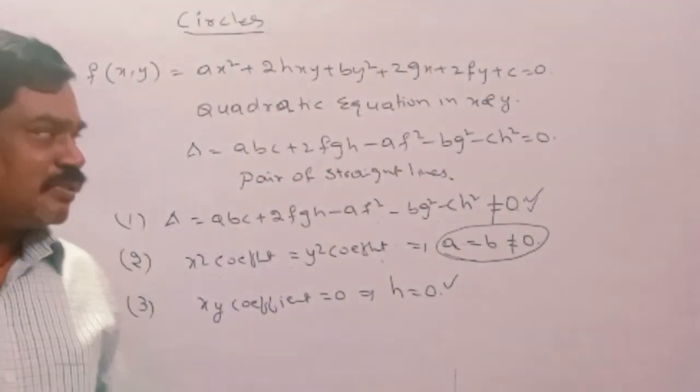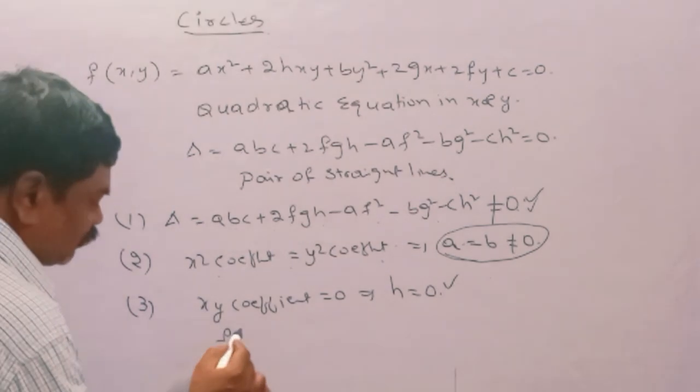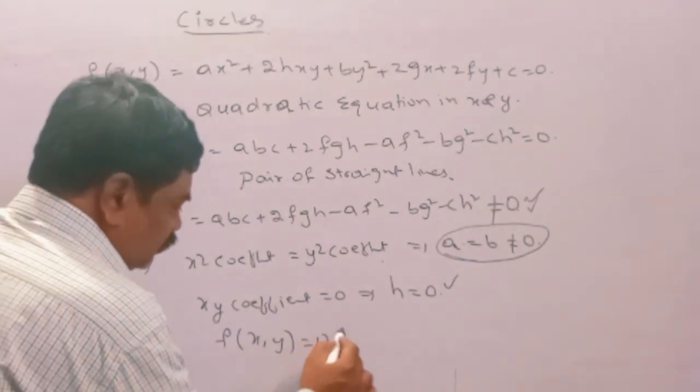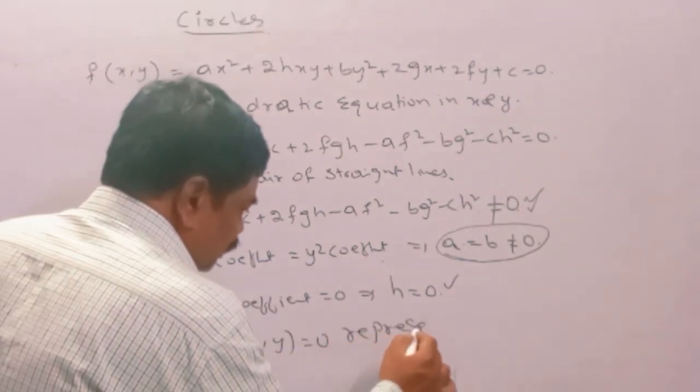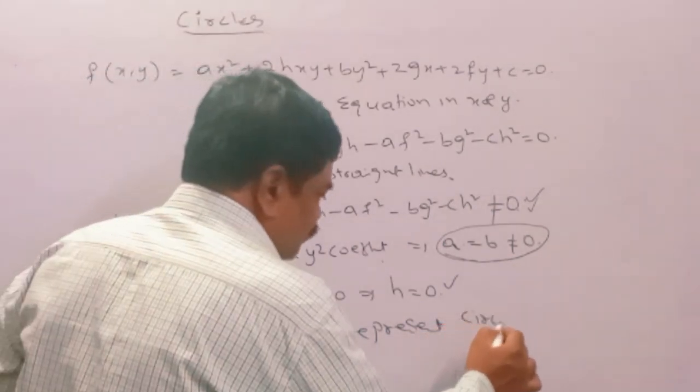Then this equation f of x comma y equal to 0 represents a circle equation.